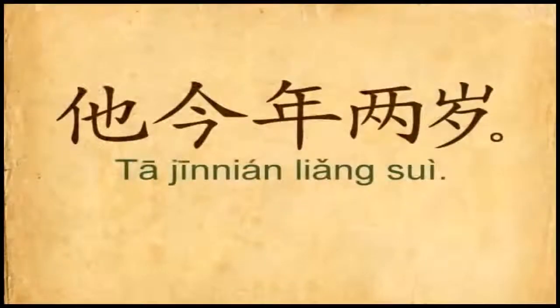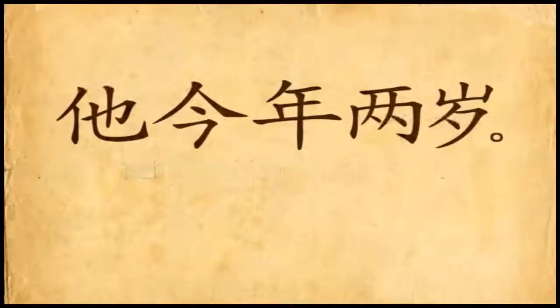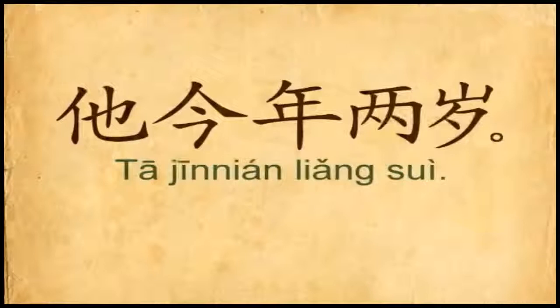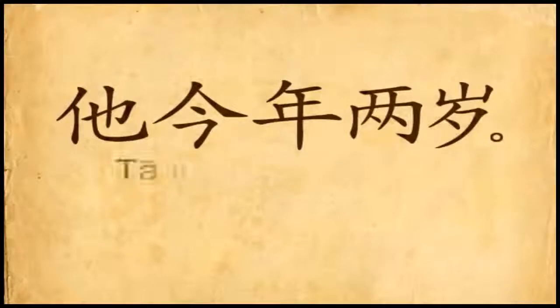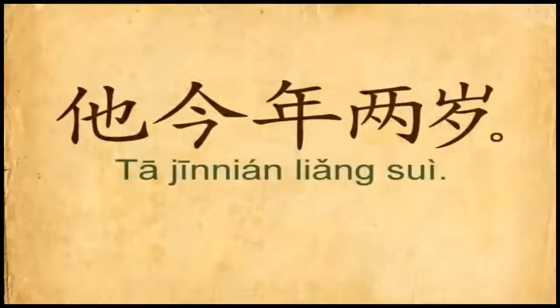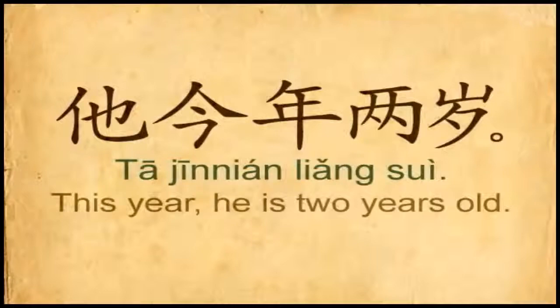Now I'll say the whole sentence for you. 他今年2岁。他今年2岁。Now repeat after me. 他今年2岁。他今年2岁。This year, he is 2 years old.